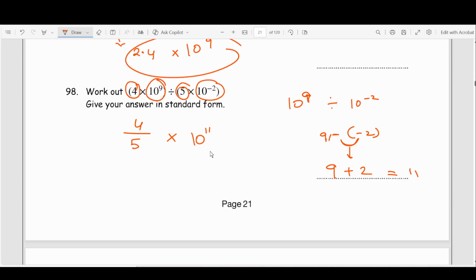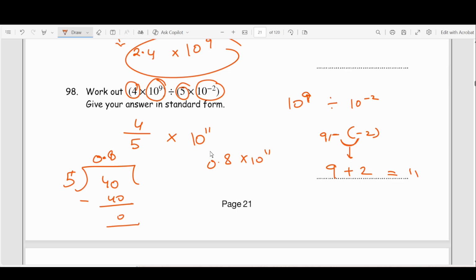And 4 divided by 5, if you just divide like this, because 4 is smaller than 5, we can't divide it without putting a decimal. We put the decimal there and a 0. And then 5 times 8 is 40, and the remainder is 0. So the answer is 0.8 times 10 to the power 11.